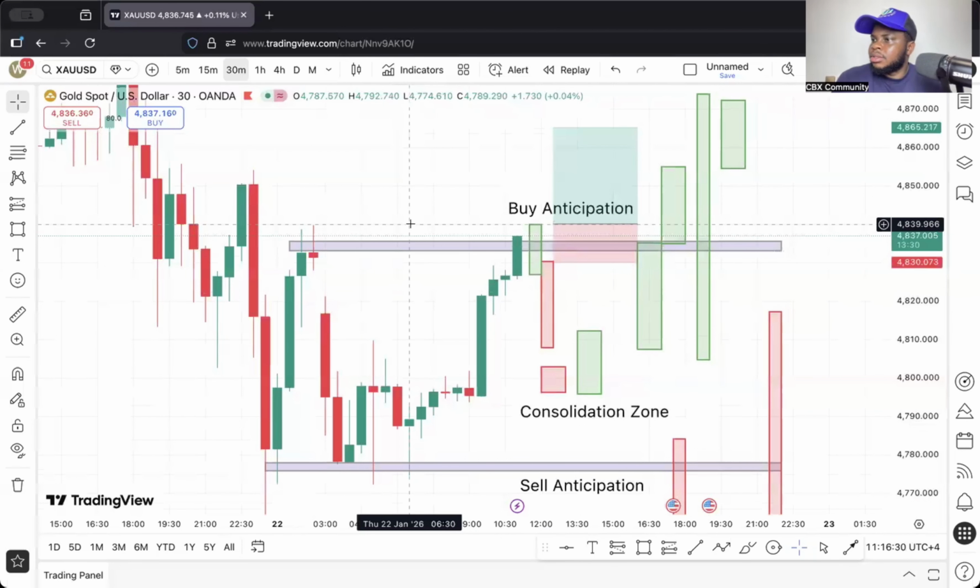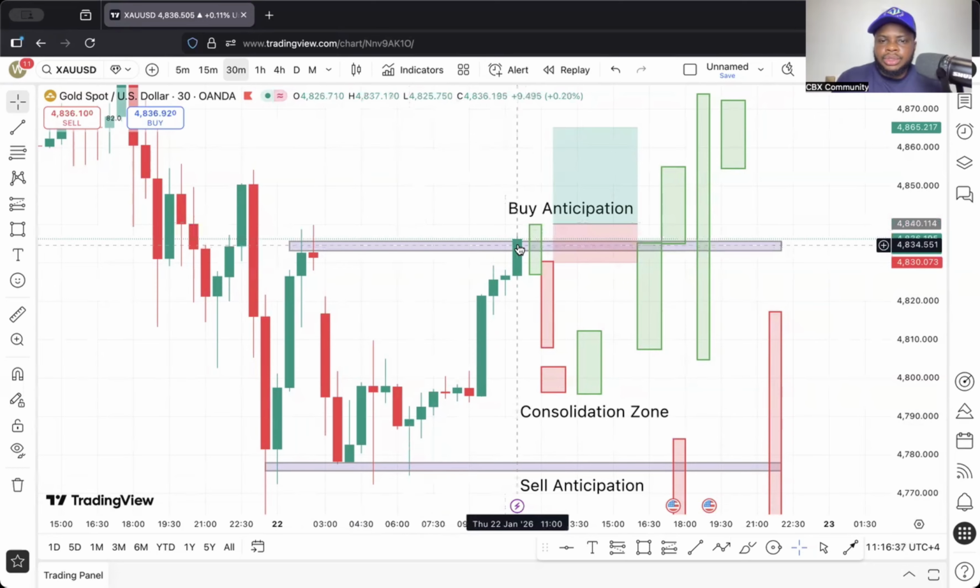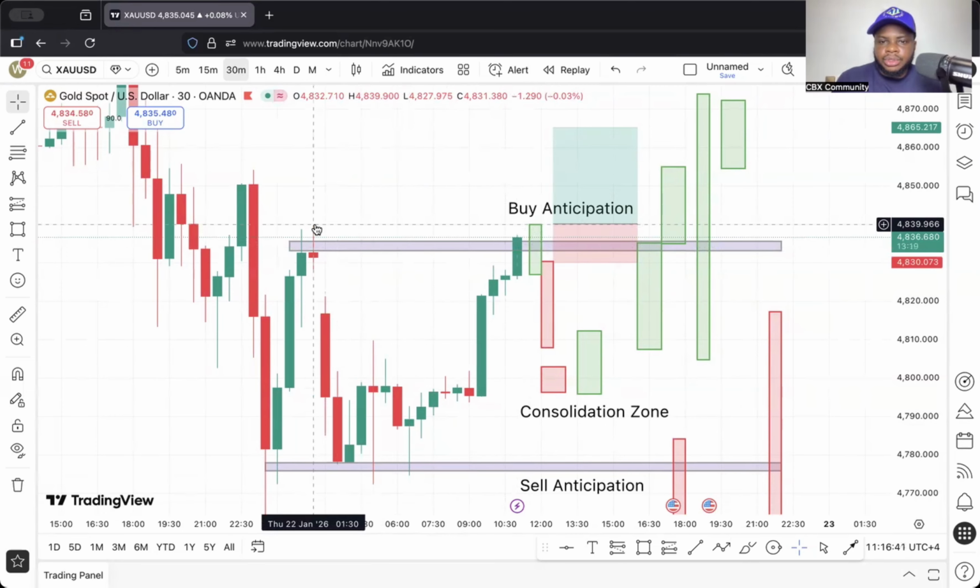Since you're anticipating volume to come to the market, the moment the candle should break the high of this bearish candle over here, then you can decide to take a position. So for now, we don't need to do anything yet. Let's wait.